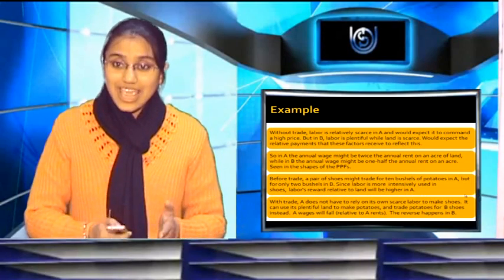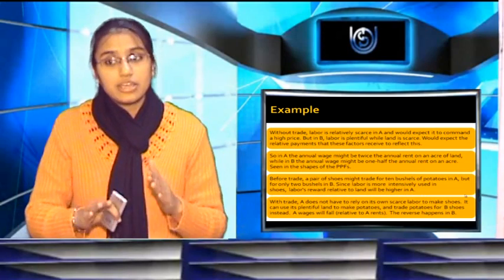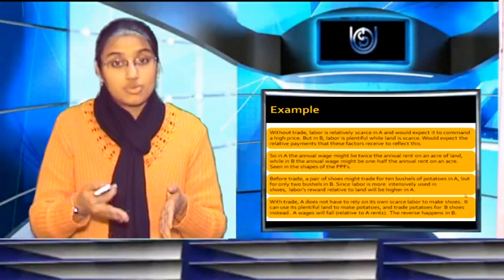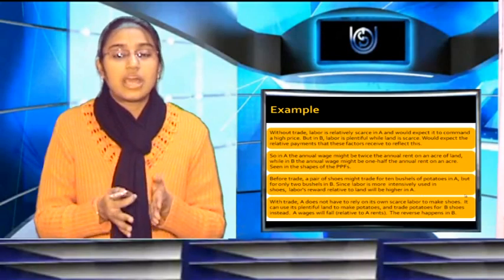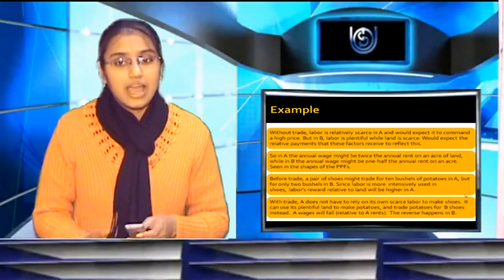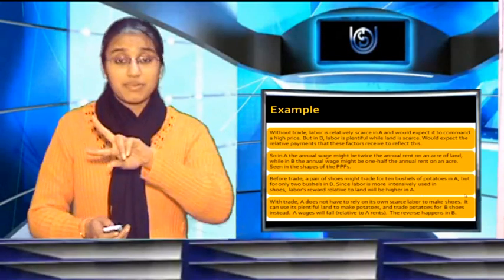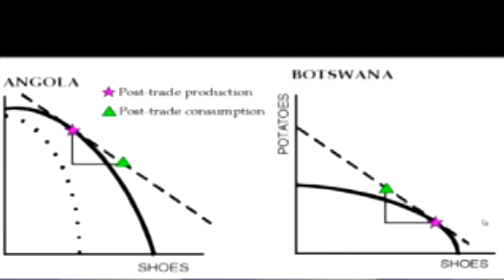So with trade, A does not have to rely on its own scarce labor to make shoes, but can use its plentiful land to make potatoes. The same happens vice versa with B. With that example, the picture comes out like this.